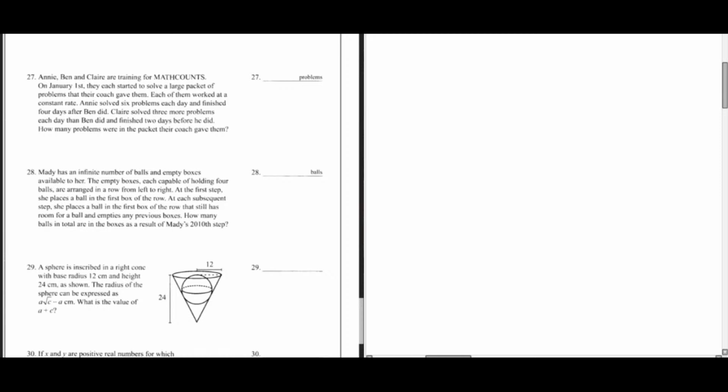If you just give variables to two of these quantities, then you can just solve it by algebra. Specifically, I said variable D as the number of days that Annie took to solve her problems, and I set the variable B as the number of problems that Ben solves each day.